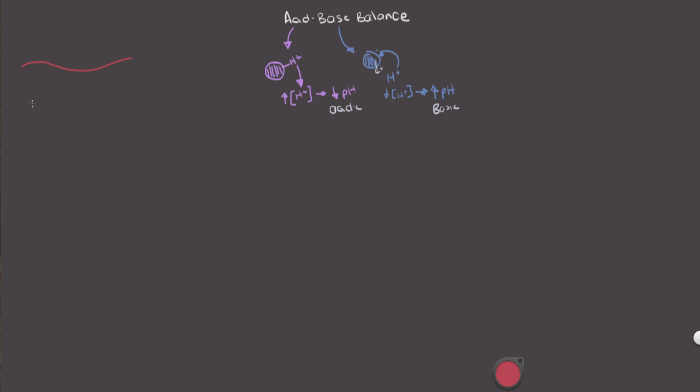And the core values for what that pH is going to be is 7.35 to 7.45. So normal arterial blood is going to have a pH of 7.35 to 7.45. And the reason for this is because it's the homeostatic safe zone for our proteins.